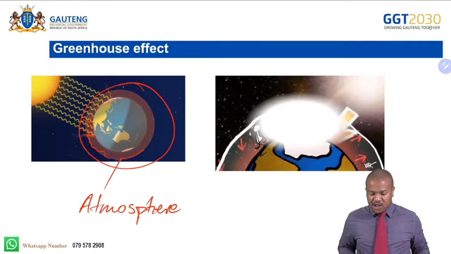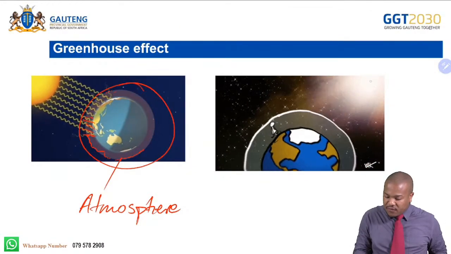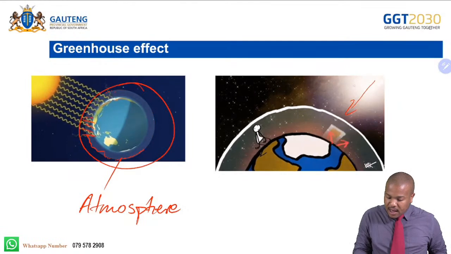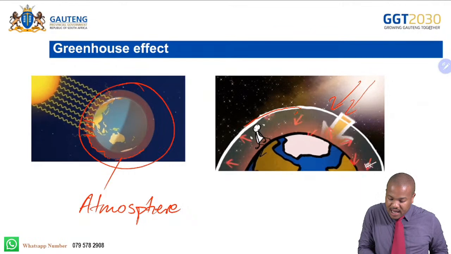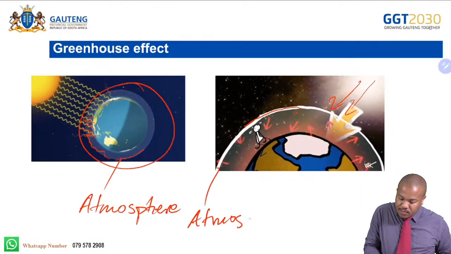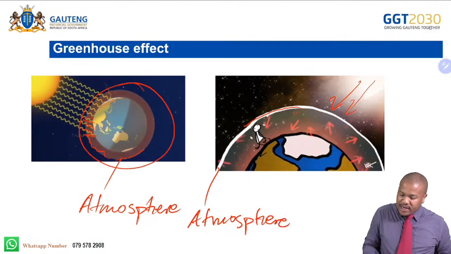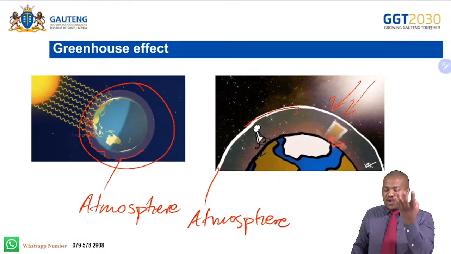Here's another picture as well for a clearer view. So here are the sun's UV rays entering what? The atmosphere. As you can see, the white layer here is our atmosphere as well. So what happens now? The atmosphere absorbs most of the UV rays.